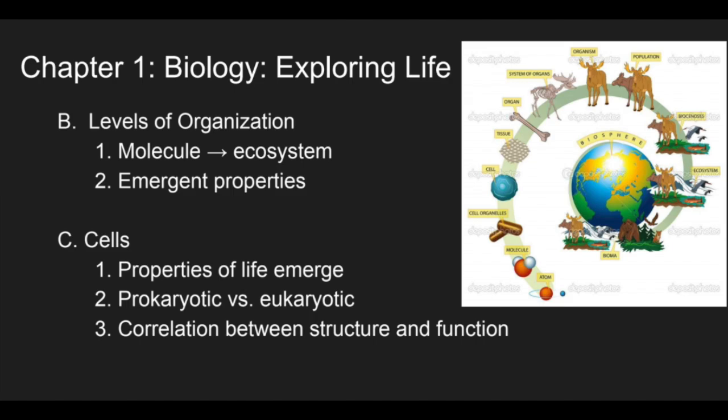Structure denotes function. That's really a core idea of biology. The structure of a cell, the structure of an organism, the structure of a limb, for example, fits its function. A really good example is a human hand. A human hand's function is reliant on its structure.